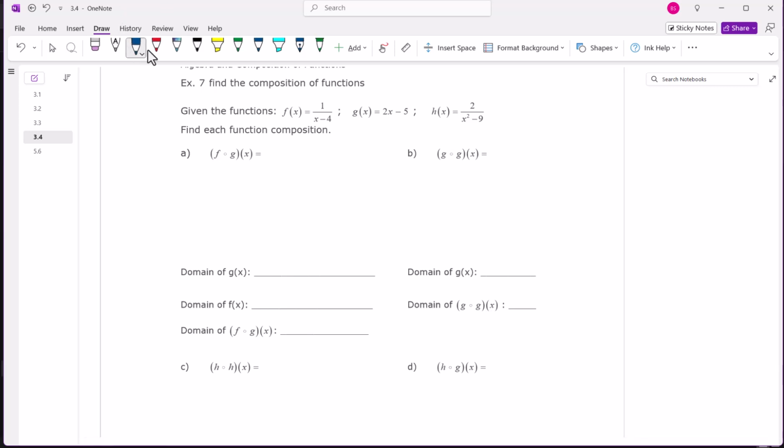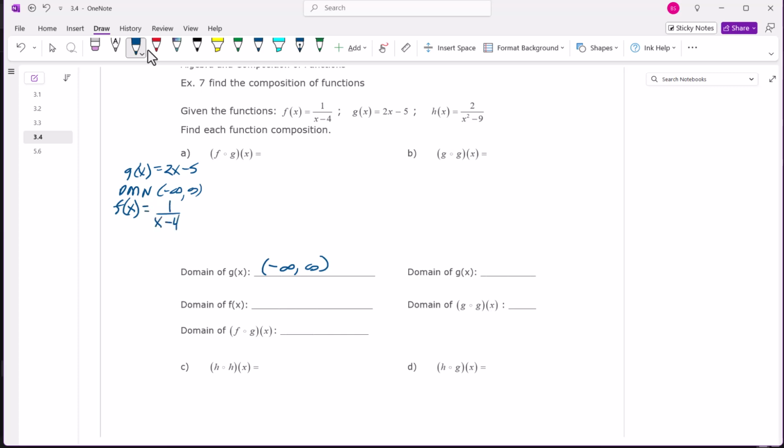So with this one, first of all, f composed of g of x, we need to look at the domain of g of x. So the domain of that is all real numbers. So you want to start there. So the domain of g of x is all real numbers. We want to look at the domain of f of x, 1 over x minus 4.